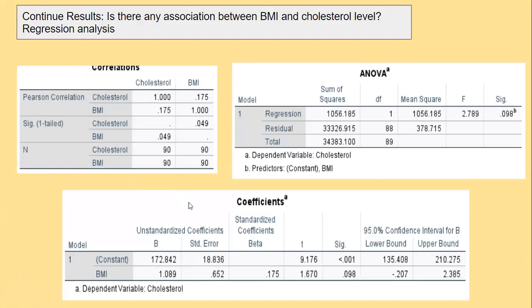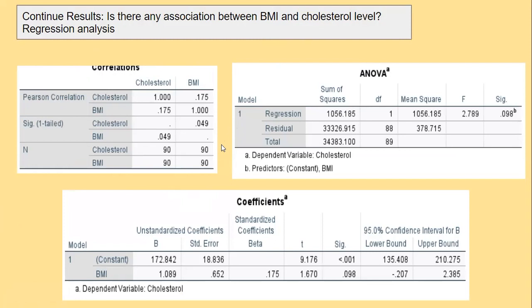Okay, in order to answer the second research question, if there is any association between the BMI and cholesterol level, we did the regression analysis, and I mentioned earlier the reason that we selected regression, because we do have the 3 sample tests, which is the 3 groups that we have, group 0, group 1, and group 2.